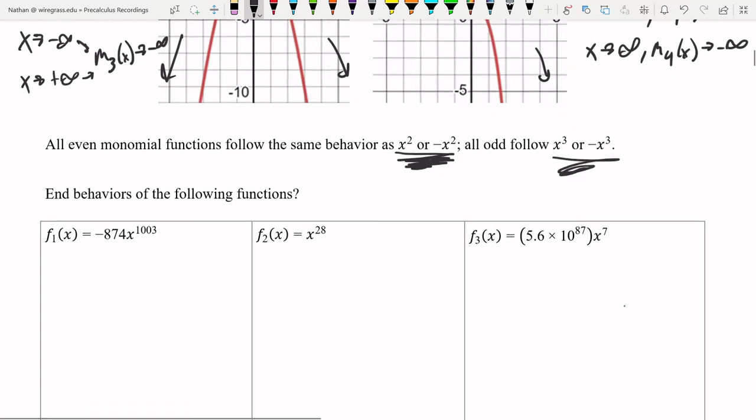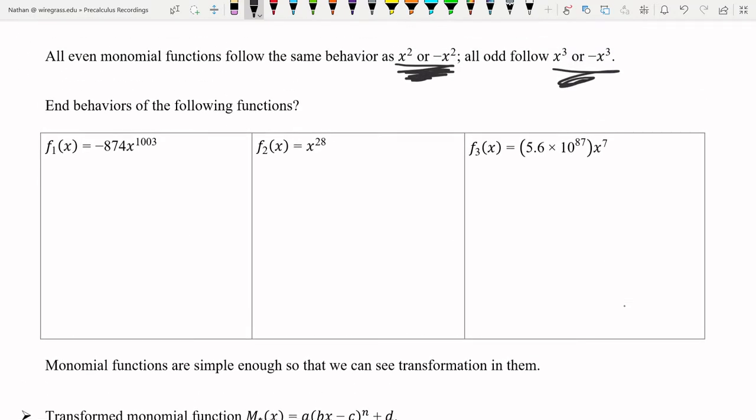Okay, so what are the end behaviors of these functions? Well, as I said, all even monomial functions follow x squared and negative x squared, and then all odd follow x cubed and negative x cubed. This is a monomial function. It's just some a_n x to the n. This, of course, has degree 1003, but that's just odd degree.